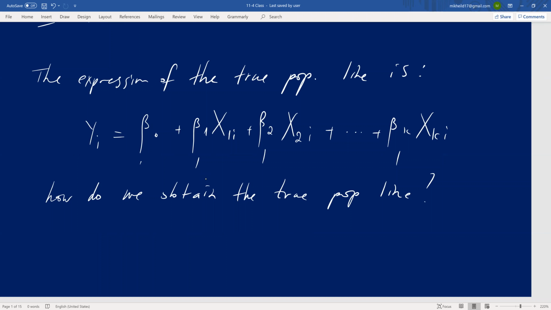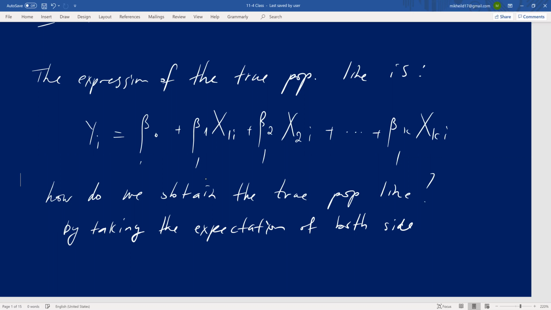By taking the expectation of both sides of expression 1 and assuming what? Let's say expectation conditional on x.